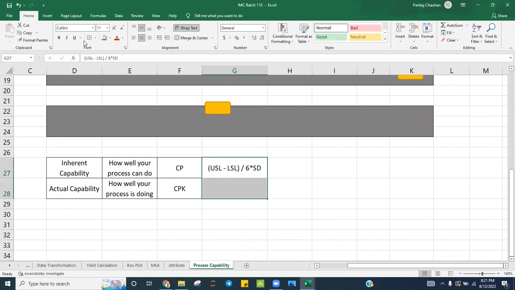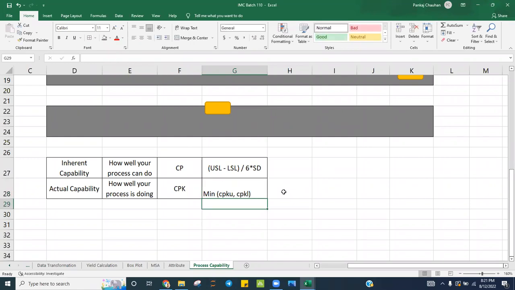Now, how will you calculate CPK? You will take the minimum value of CPKU or CPKL, which means the process capability on the upper side of a specification and the process capability on the lower side of a specification. Whichever value comes out as the minimum, that is the CPK.